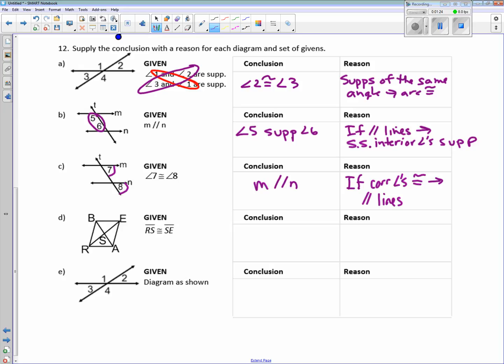In letter D, if RS is congruent to SE, that means that RE is bisected, or that S is a midpoint.